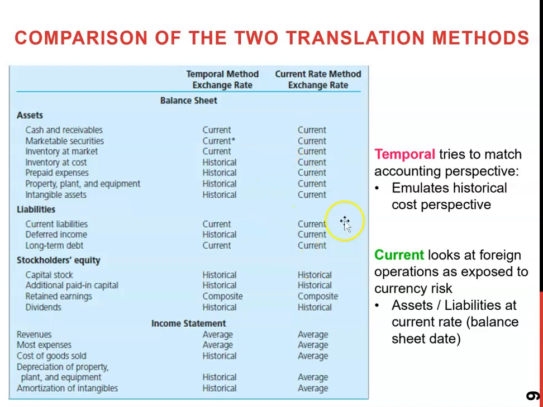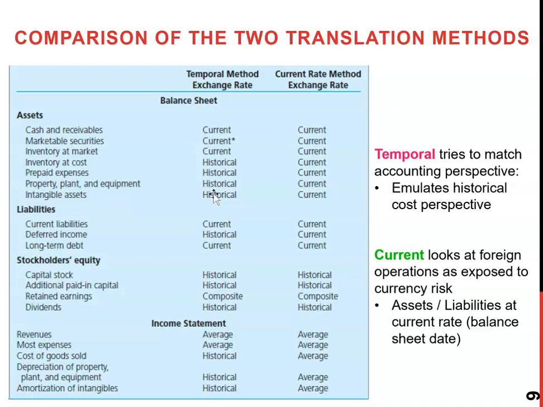So these assets and liabilities will fluctuate after the conversions in terms of dollar values. So with the current rate method, you are more exposed to foreign exchange risks, although it reflects more current numbers based on the current rates. On the other hand, the temporal method is less exposed to fluctuations due to currency rate changes.